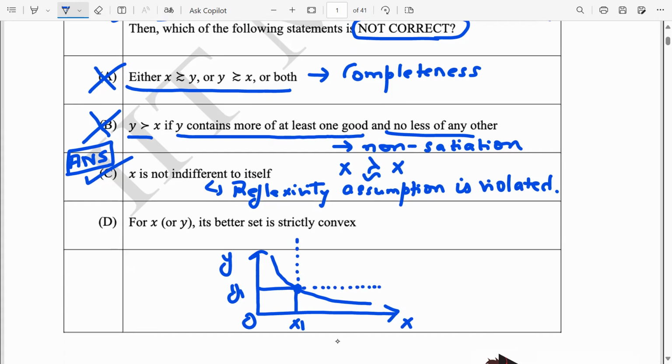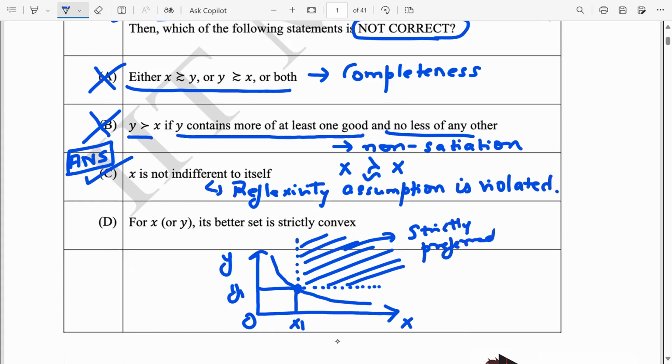I have done this again in my lectures on consumer preferences. This is my strictly better set. Because of the monotonicity assumption, the shaded area contains more of both the goods compared to X1, Y1. This is the strictly preferred set, which we denote like this.